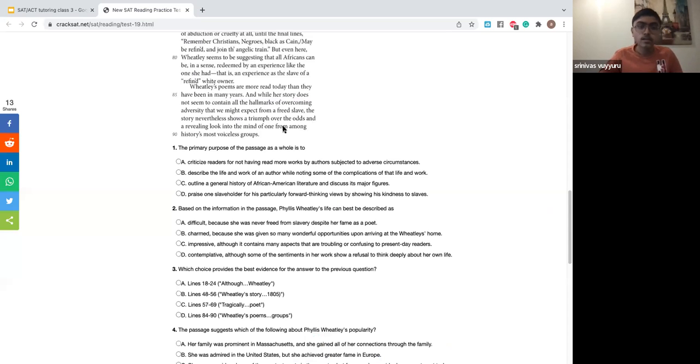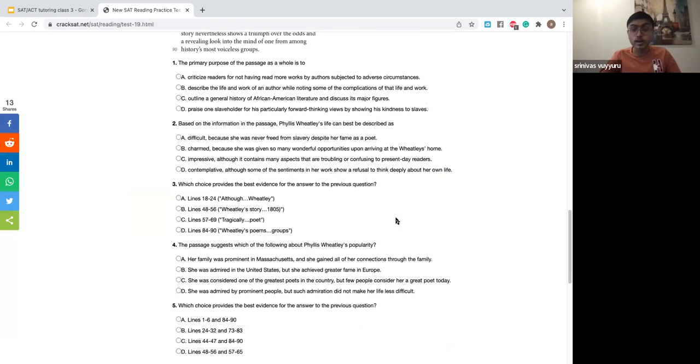There. So as I was saying before, the reason why C is the right answer here is because, first of all, the passage does talk about how her poetic achievements were really impressive for being part of one of the most historically unrepresented groups.